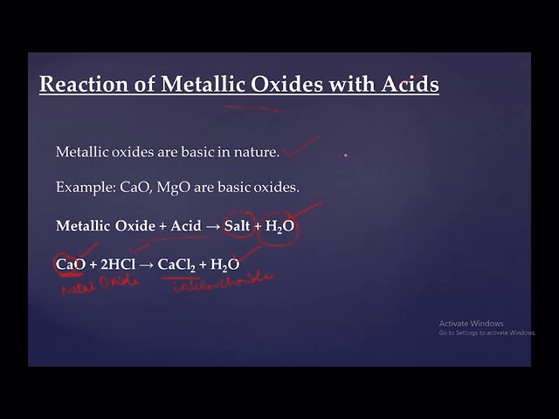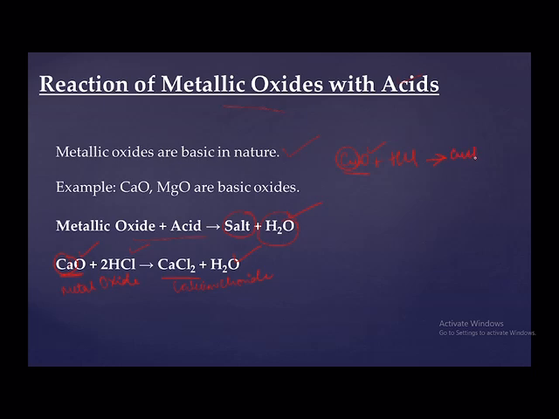We can take one more example: copper oxide. Copper oxide is also a type of metallic oxide, where copper is the metal and oxide is oxygen. If it reacts with HCl, it results in the formation of copper chloride.